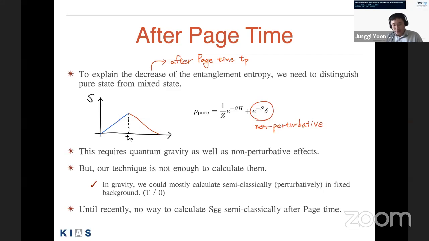But as you know, quantum gravity and non-perturbative calculation in gravity is very, very difficult. So for now, we don't have enough technique. Of course, with supersymmetry and zero temperature, you can do some non-perturbative calculation. But this is not zero temperature, and this discussion does not assume supersymmetry either. Because of that, until recently, people said there is no way to calculate this decrease.